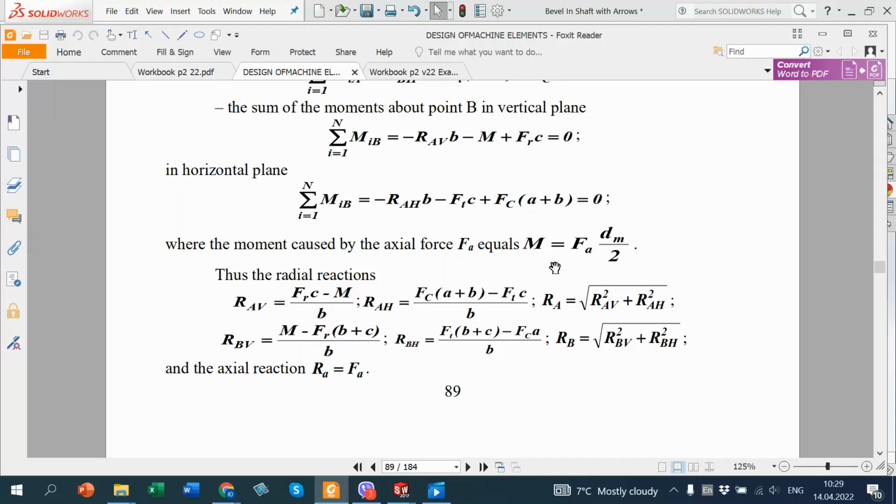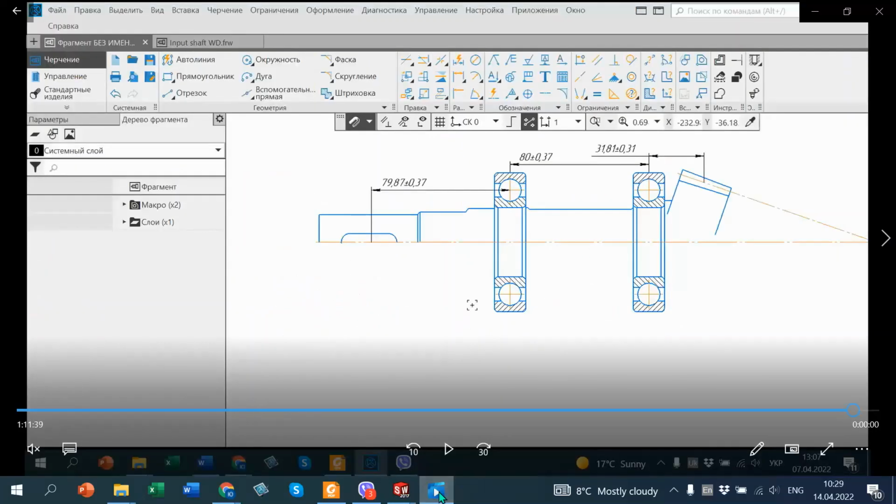Moment may be found like Fa dm divided by 2. Fc I shown you 50 times square root from T, and distances ABC we found from such diagram.